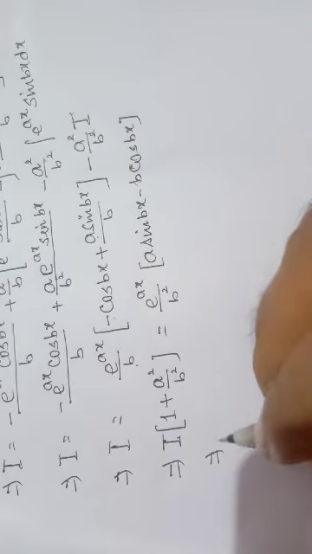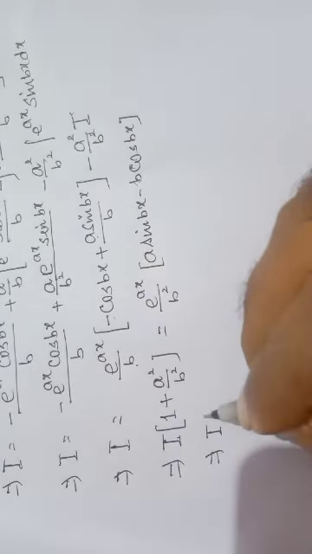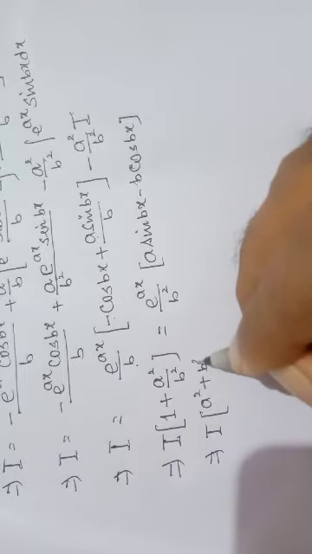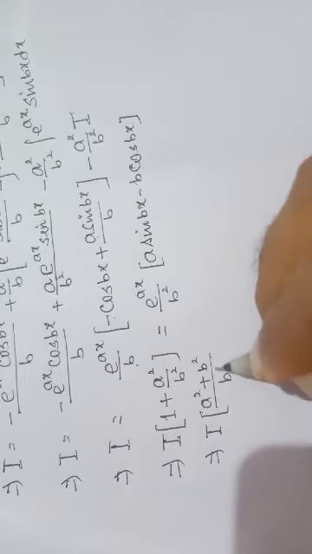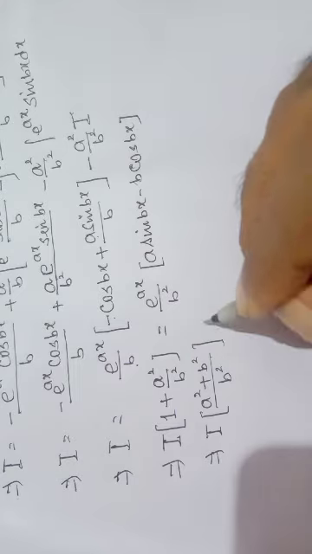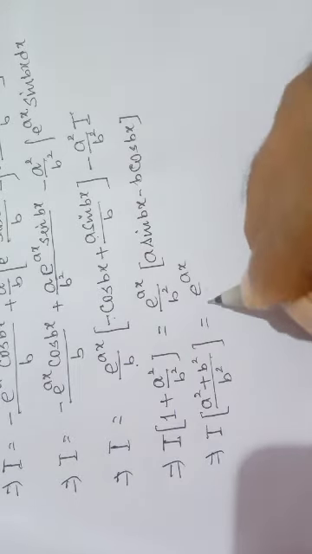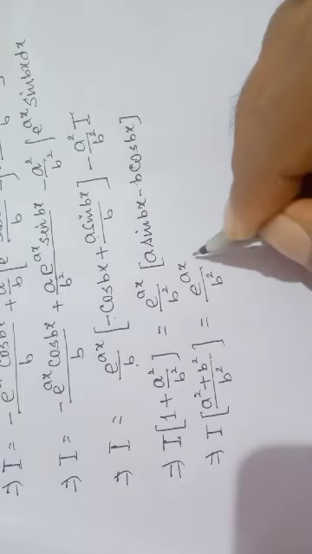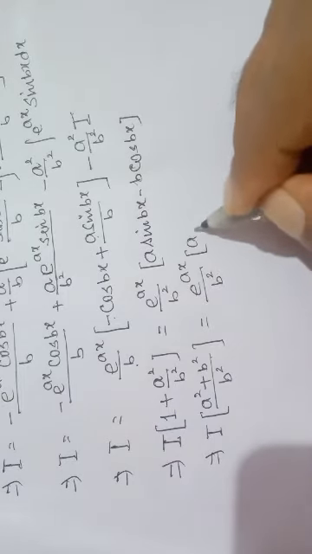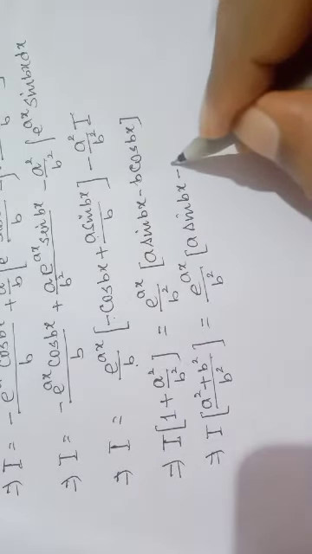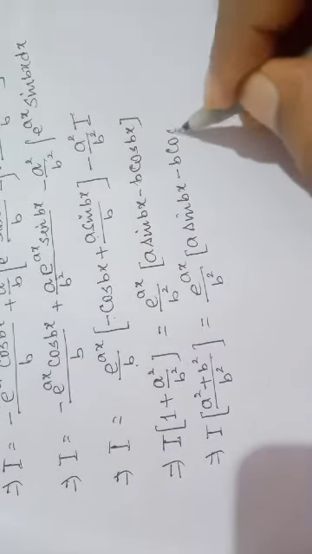So on the left side we have I into a square plus b square by b square after taking the LCM, which equals e to the power ax upon b square into a sin bx minus b cos bx.